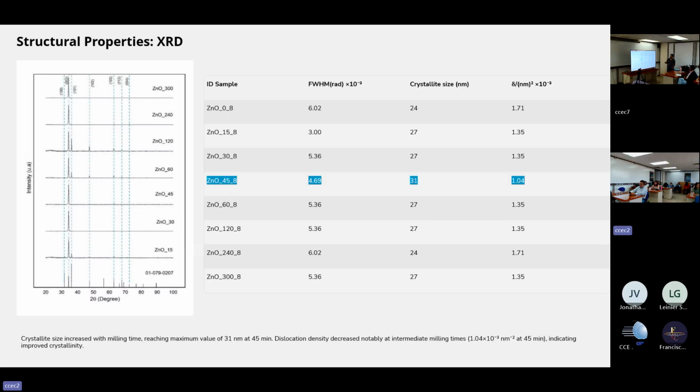For milling times longer than 120 minutes, the process generates defects and reduces crystallinity, reducing structural quality.